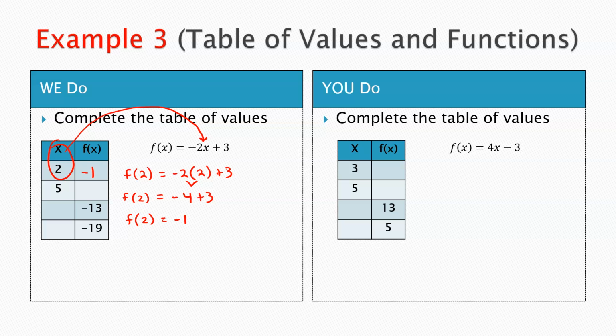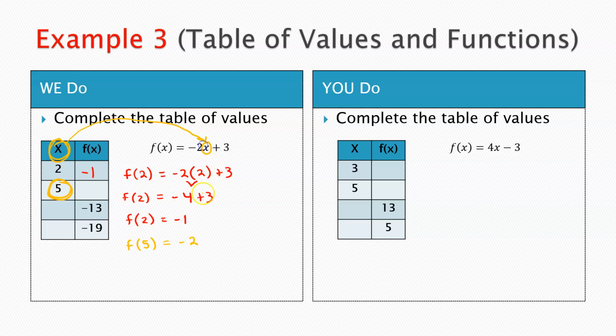All right, let's go through and do that basically all over again, for 5 now. So let's go and do that one more time for 5. We're going to take that 5, since it's in the x column, that's my x value, we're going to plug it in for the x, and I'll plug it into the f of x part right there, just to remind you of what we are plugging in. So now it's going to say f of 5 is equal to -2.